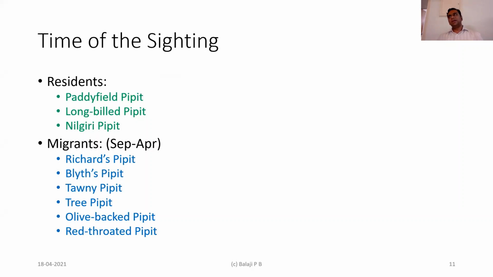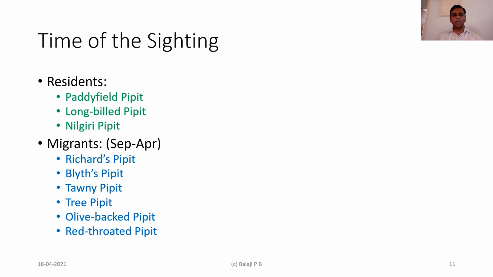So the first is we need to understand that not all the pipits seen in our region are residents. The only 3 residents in South India are the paddy-field pipit, the long-billed pipit, and the Nilgiri pipit. And the rest, all the pipits are migratory.